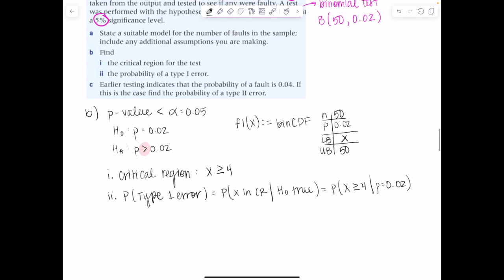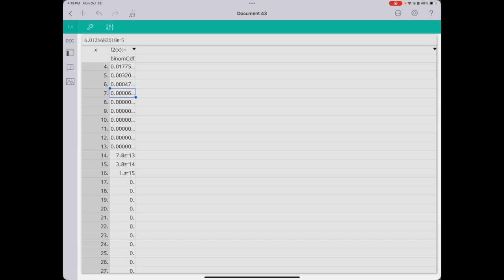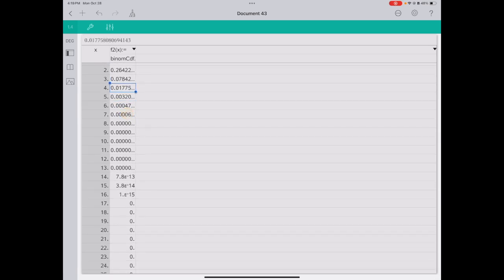So we're going to do a binomial CDF again. N is still 50. Our null hypothesis is 0.02, so we're assuming that is true. Our lower bound is 4, and our upper bound is 50. And I should be getting this probability right here.